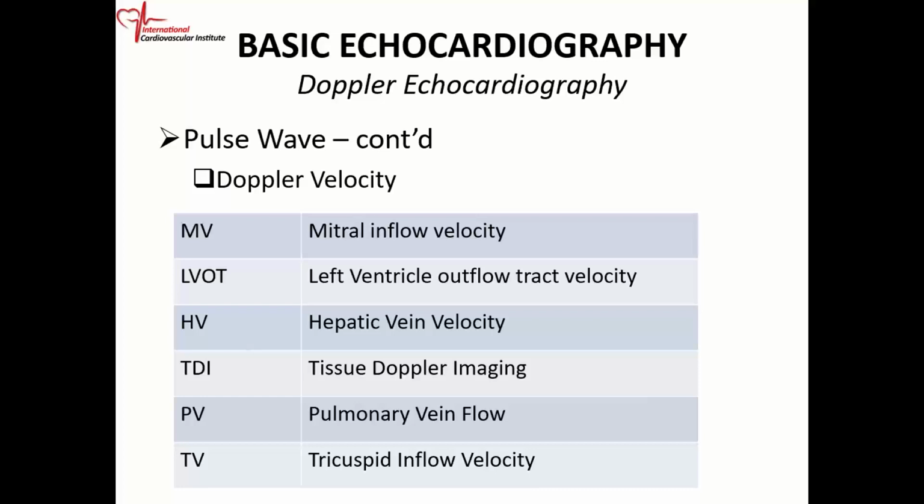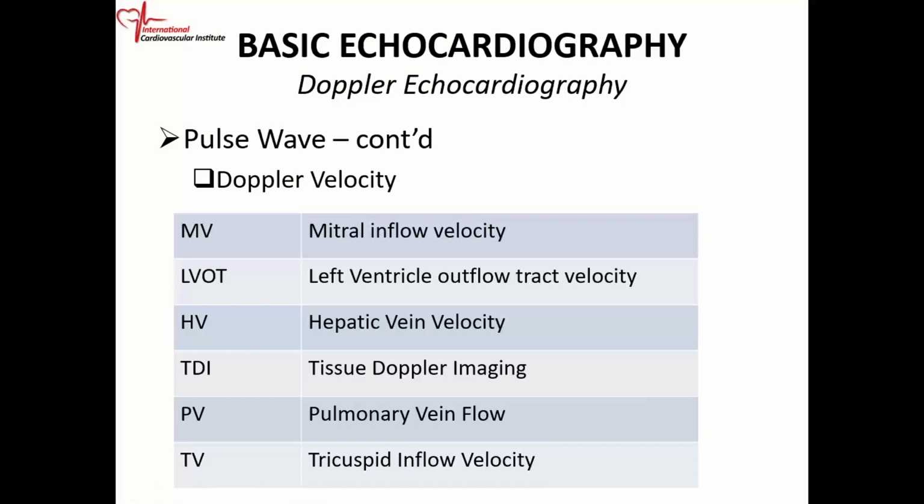We use pulse wave Doppler for those. So these are the different blood flows where we use pulse wave Doppler: the mitral inflow, so the flow across the mitral valve in diastole, the left ventricular outflow tract velocity, hepatic vein velocity, and then tissue Doppler imaging. That's a new concept.